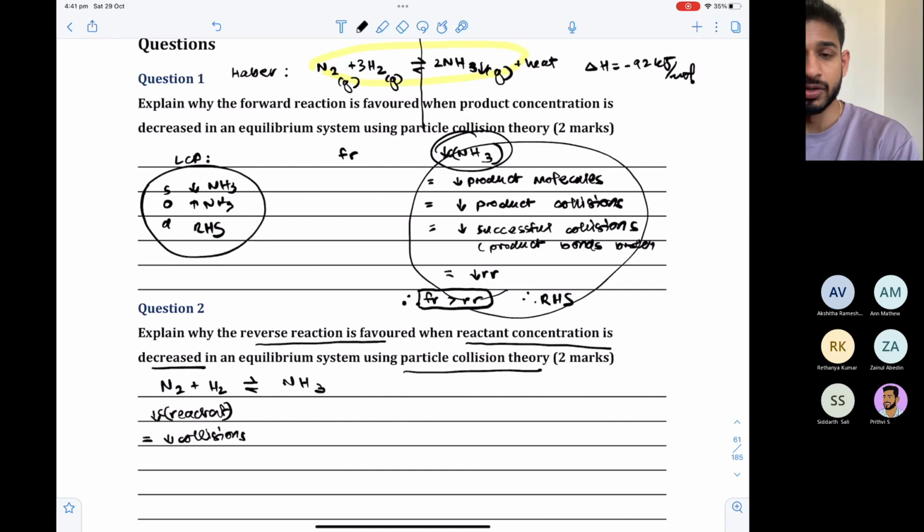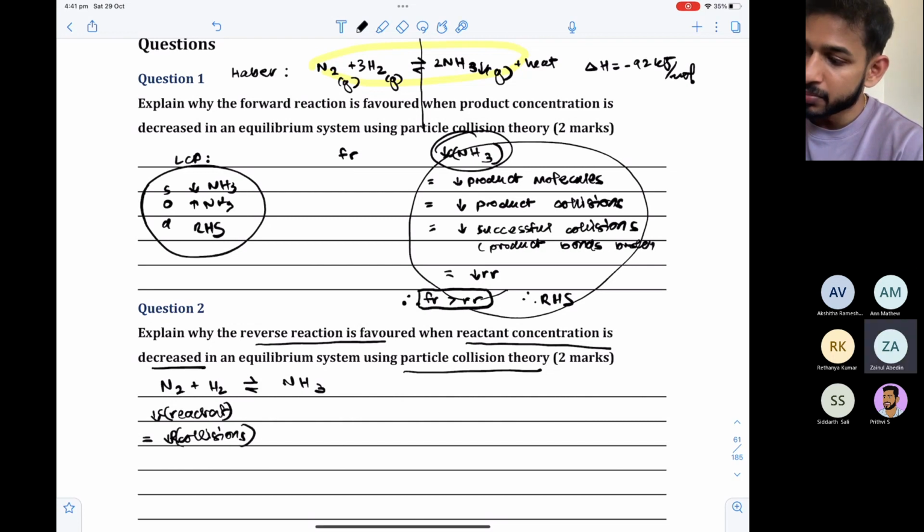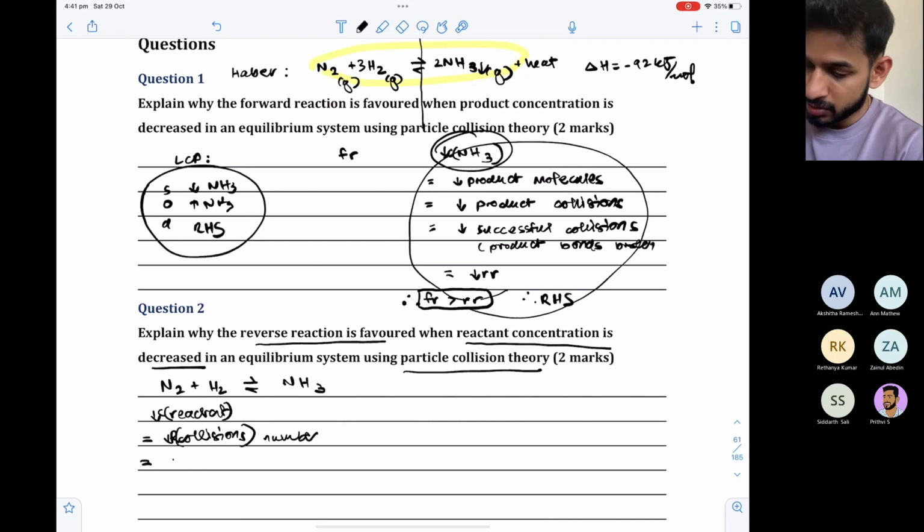So you're doing well. There's a decrease in concentration of reactants. There's a decrease in the number of reactant collisions. And then what? Decrease in the successful collisions and the frequency. Frequency, technically, yep.